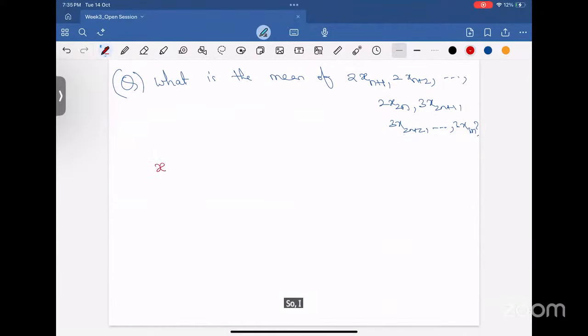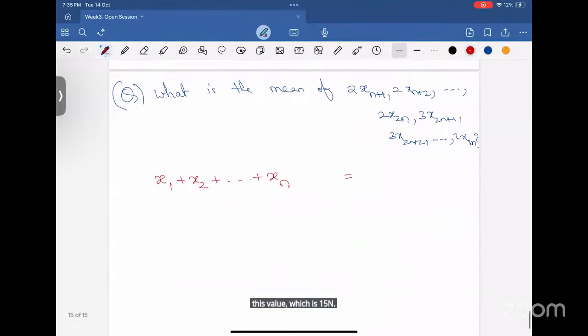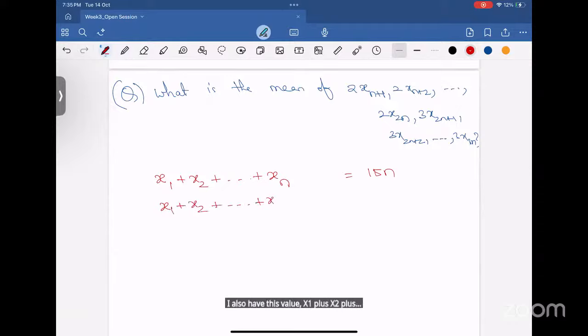I have this value, which is 15n, and I also have x1 plus x2 plus and so on, xn plus 1, and so on till x2n. This is 90n.